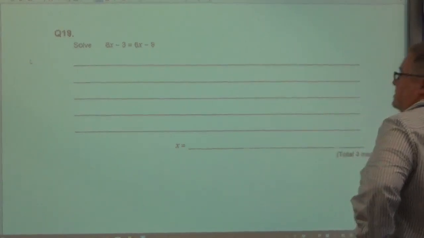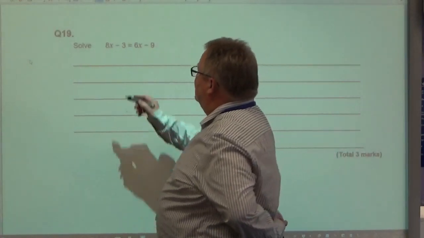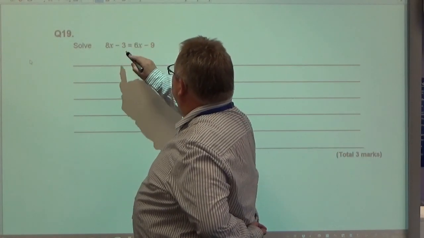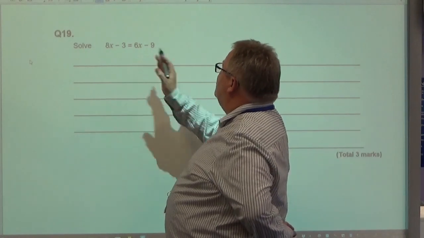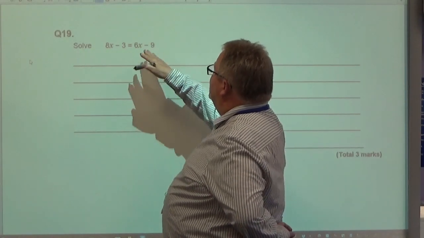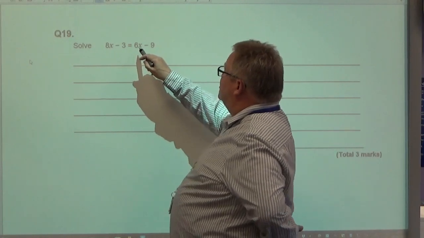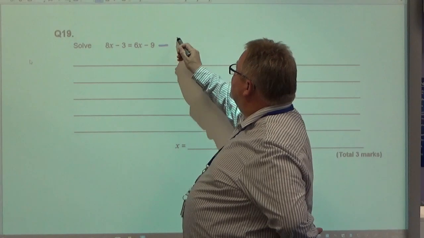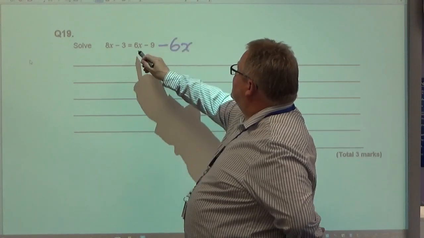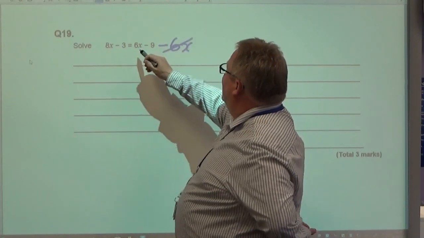So these are fairly straightforward, don't really need a calculator for these, but what we're going to do is, well, we want to get all the x's on one side of it and then all the numbers on the other side. So I'm going to look at this side first. I've got 6x, so that's plus 6x, so the opposite of that is minus 6x. So if I do 6x minus 6x, that's gone.